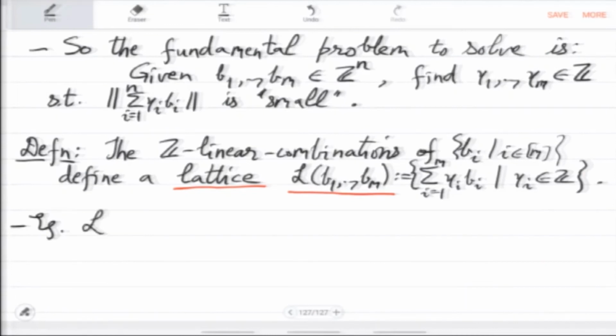Consider 1 0 and 0 1, these elementary vectors, the x and y kind of axes.